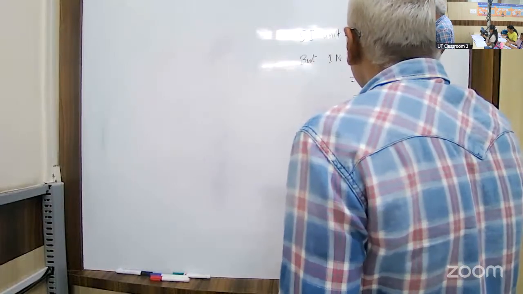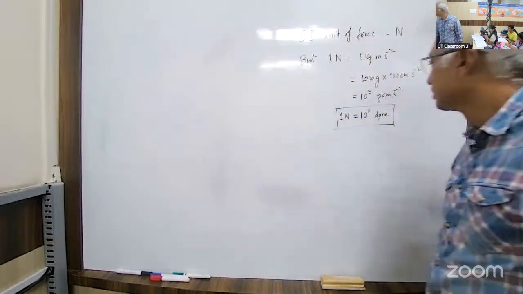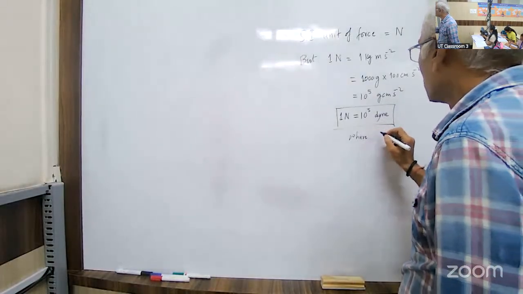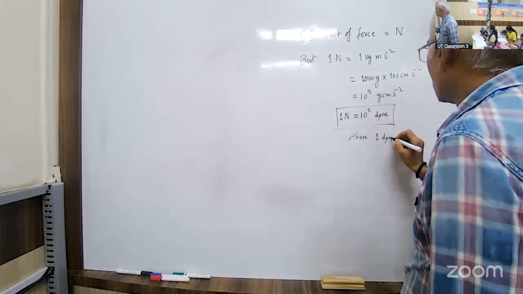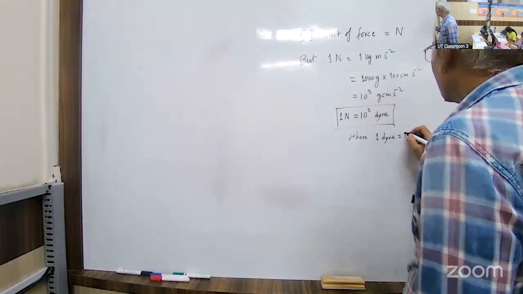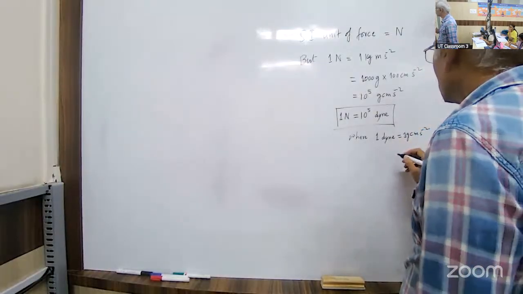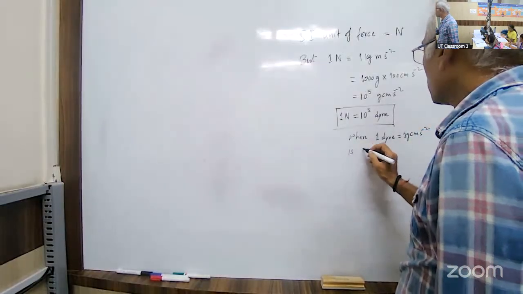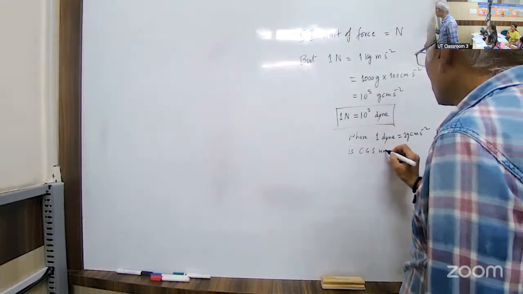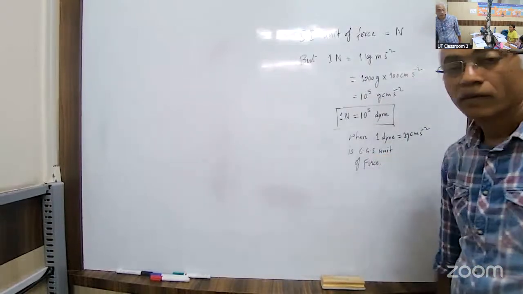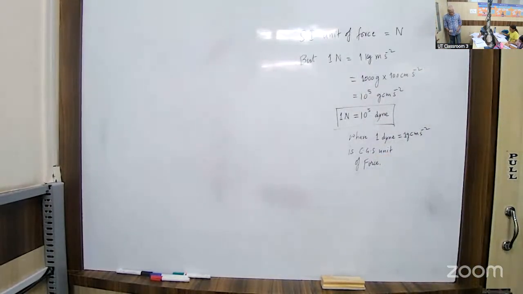So this is the relation between Newton and dyne, where 1 gram centimeter per second square is the CGS unit of force. Yeah. So this is the relation between the SI unit and the CGS unit.